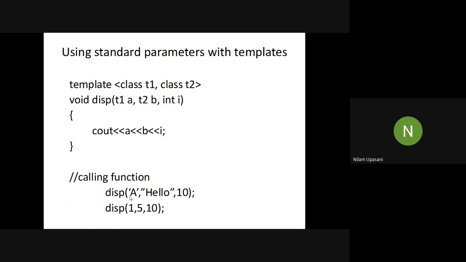So when I'm calling display function, first type is char, second is character array, third one is but integer always. Now again another call for display wherein first is integer, second is integer, or float also you can use, but third type should be of integer only. Okay, so what we have learned here is we can make combinations also, combinations of generic types and your built-in data types. Okay.